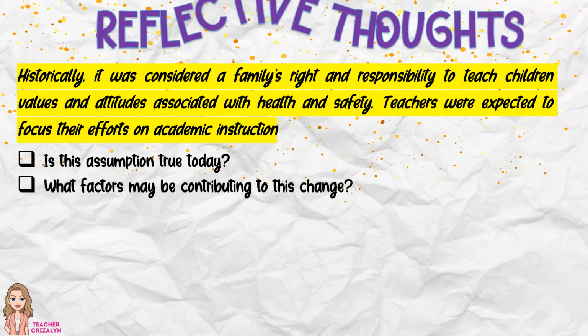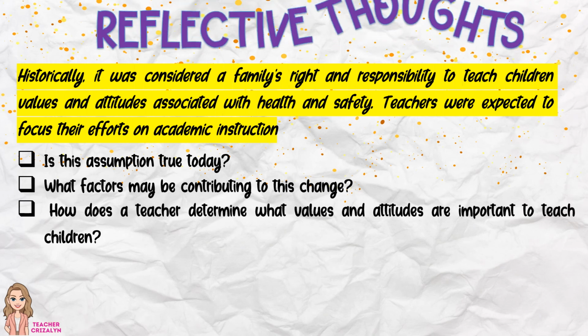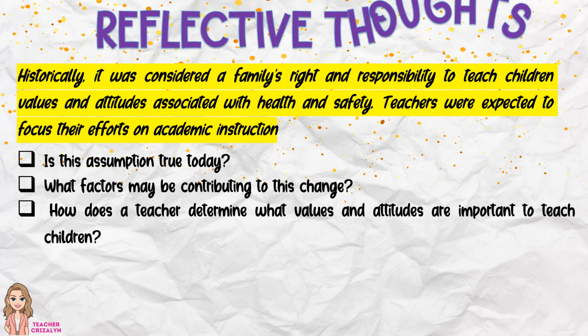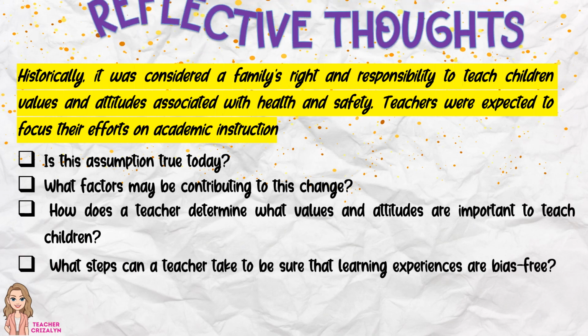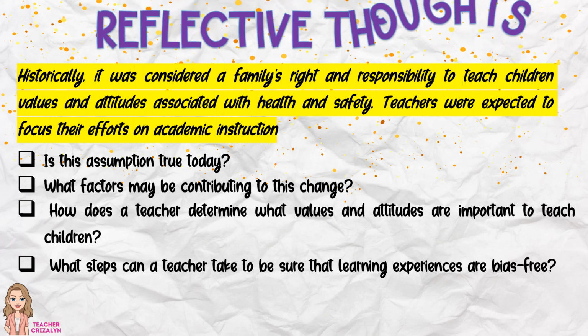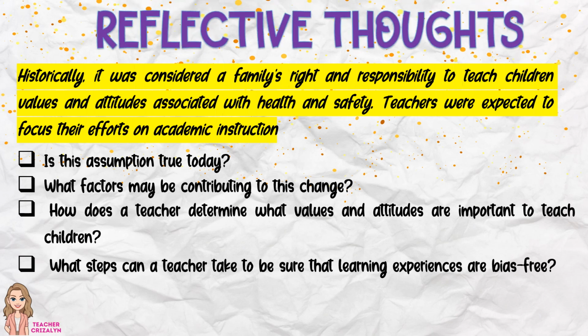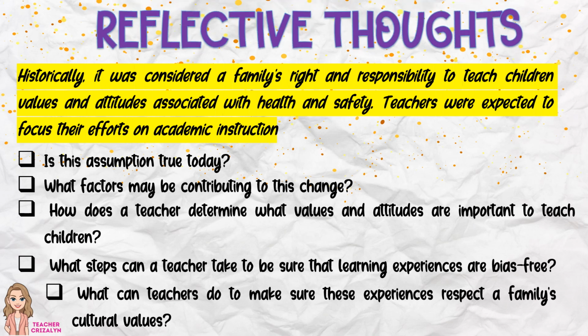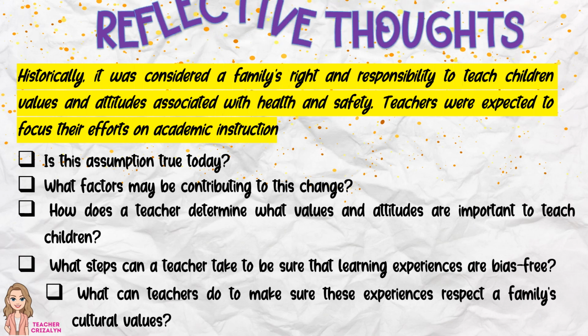What factors may be contributing to this change? How does a teacher determine what values and attitudes are important to teach children? What steps can a teacher take to be sure that learning experiences are bias-free? What can teachers do to make sure these experiences respect a family's cultural values?